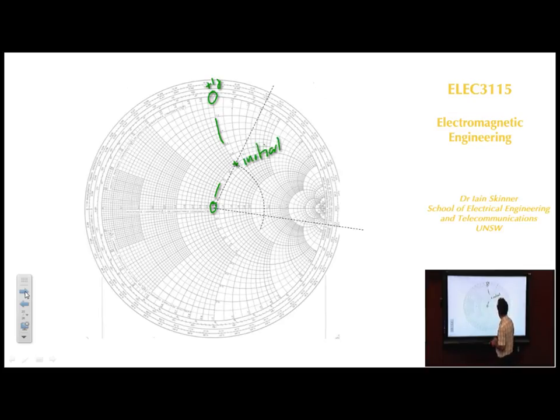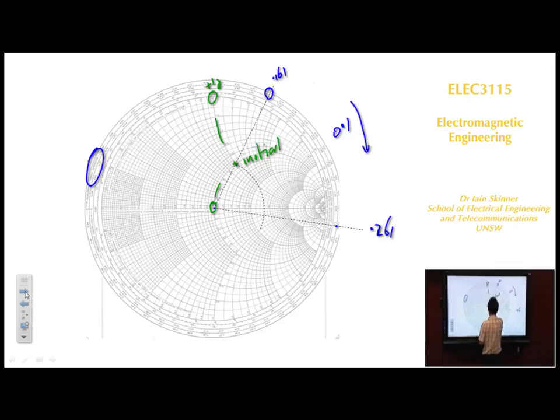Initial point, we move a distance 0.1 towards the generator, this way, so our initial distance coordinate is up here, 0.161 I would say. We move around to 0.261, which is this point here.